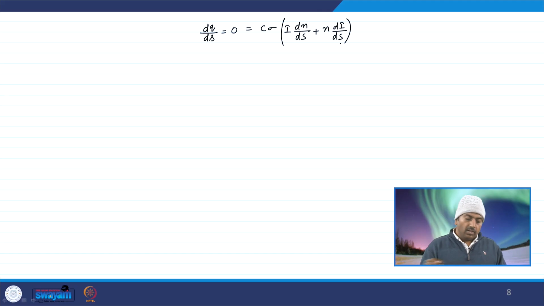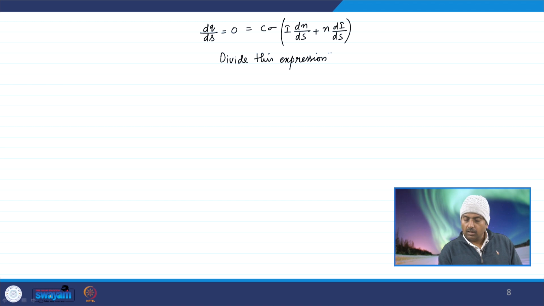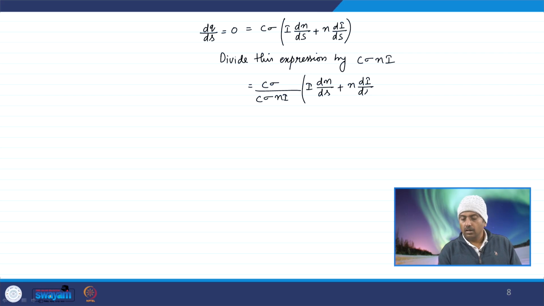We have already defined what these changes are, right. Now, we can divide this expression by C sigma n I. So, C sigma n I is Q, right. So, if I do that, I get C sigma divided by C sigma n I times I dn by ds plus n dI by ds.